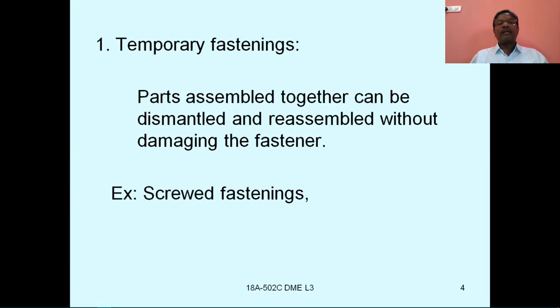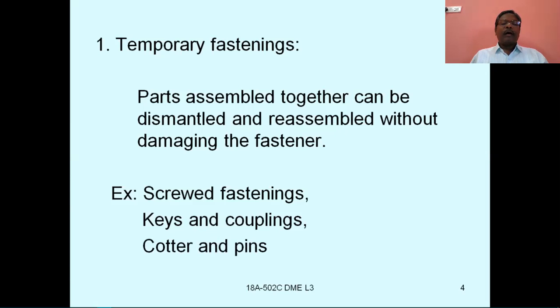Keys and couplings are also temporary fastenings, and cotter and pin joints are also temporary fastenings.